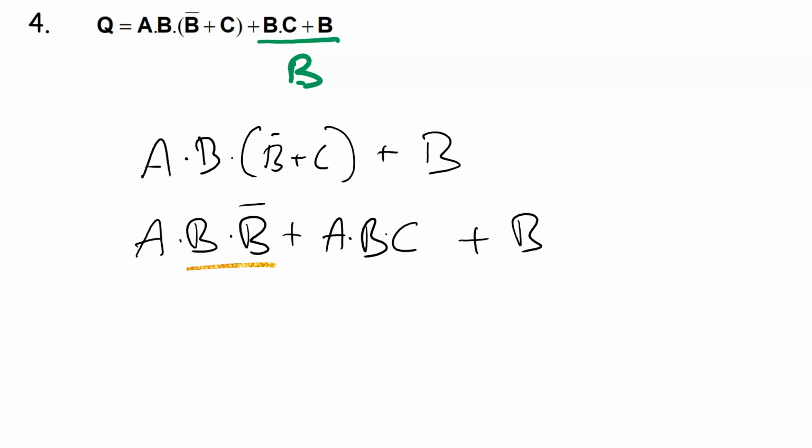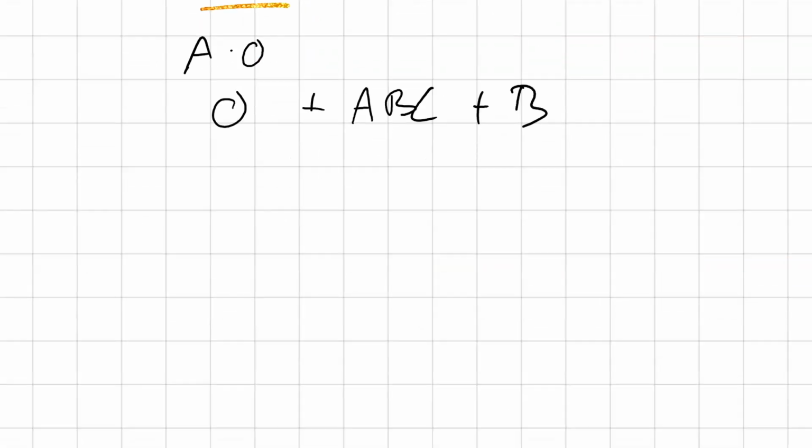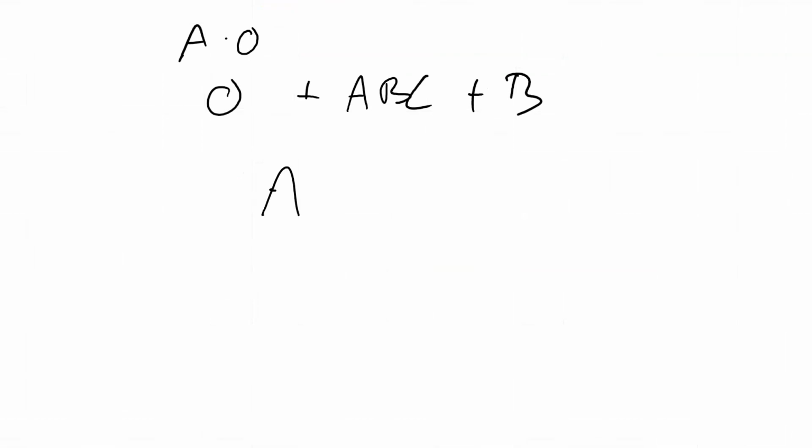Okay, B and not B is 0, so that's, oh hello, A and 0, which we know is going to be 0, or we can't do anything about that, A, B, C or B. So we're just left with A and B and C or B. Well, anything and B or B ends up being B.